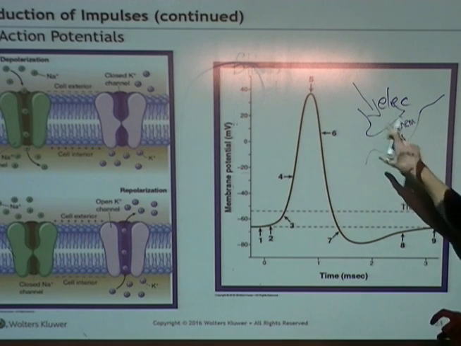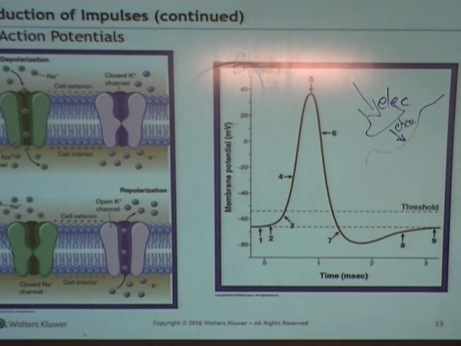So we use chemicals to carry the signal across any of the synapse, right? The fancy name for the chemical is a neurotransmitter. Anybody remember what the neurotransmitter is if the synapse is the neuromuscular junction?